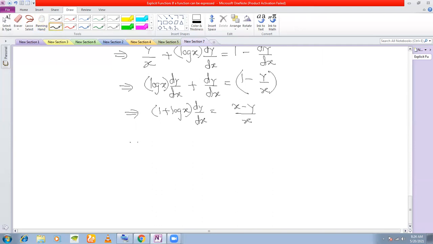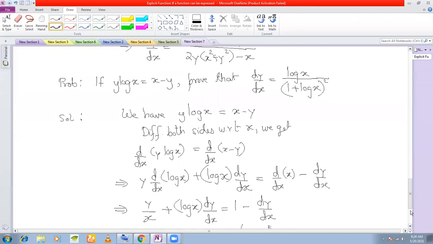Therefore, now you divide both sides by 1 plus log x to get (x minus y) by x into (1 plus log x). And that is, I think, what you had to prove, right? Let's check.